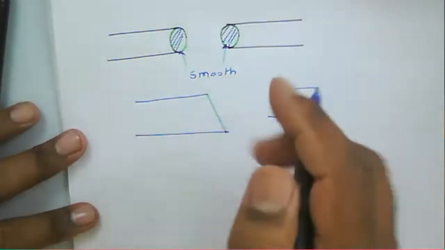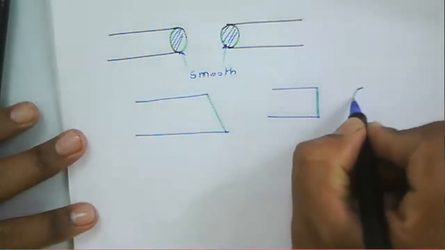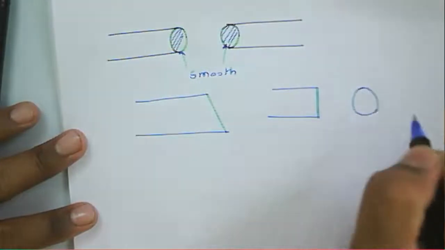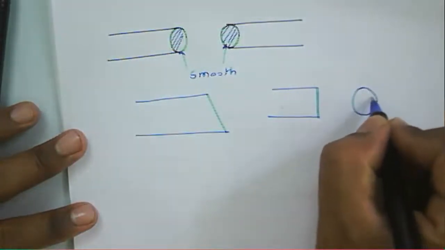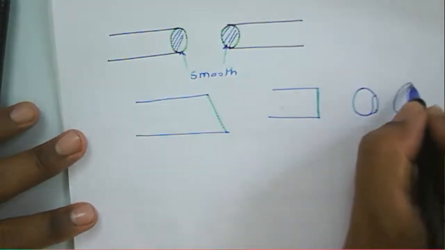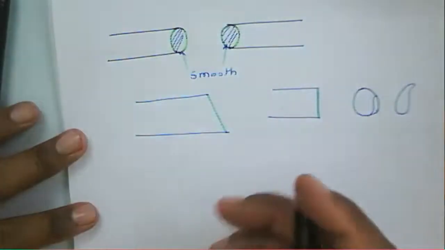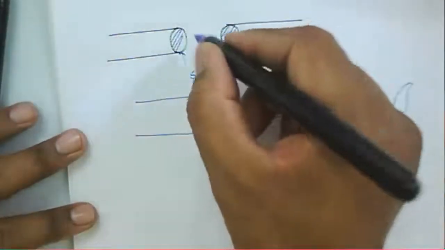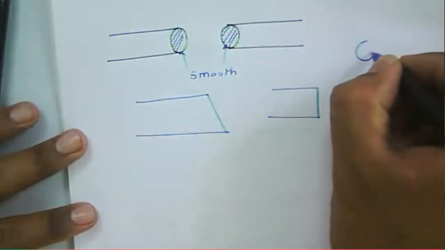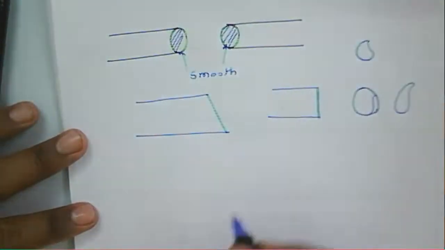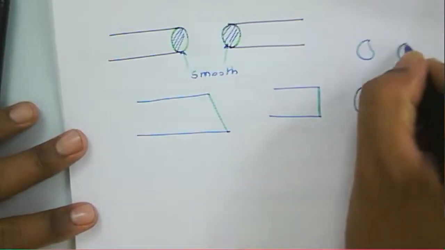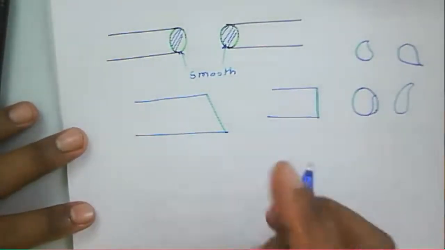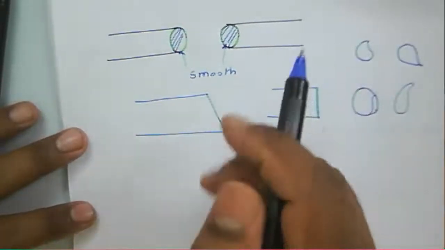When we cut that way, the end will not be a circular shape. It will be a different shape. We are expecting a circular shape, but at the end we are getting some different shape. So the surface is not smooth.